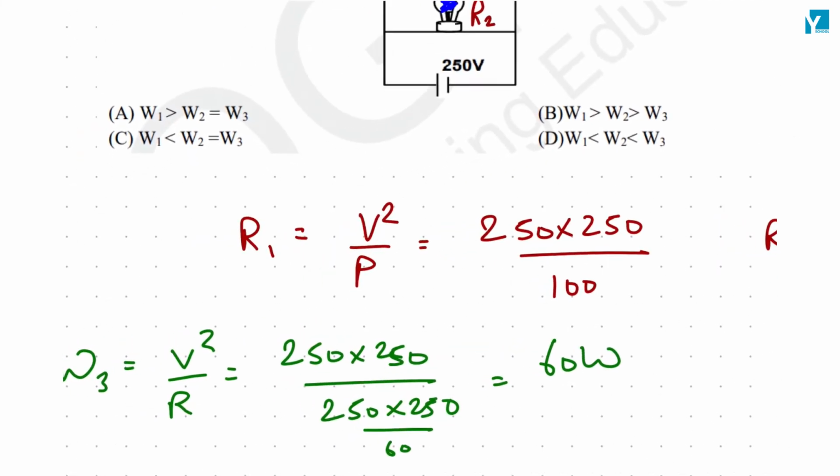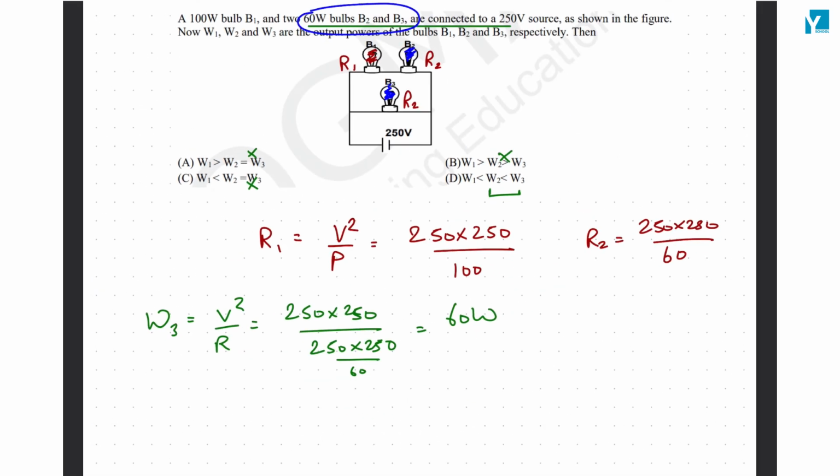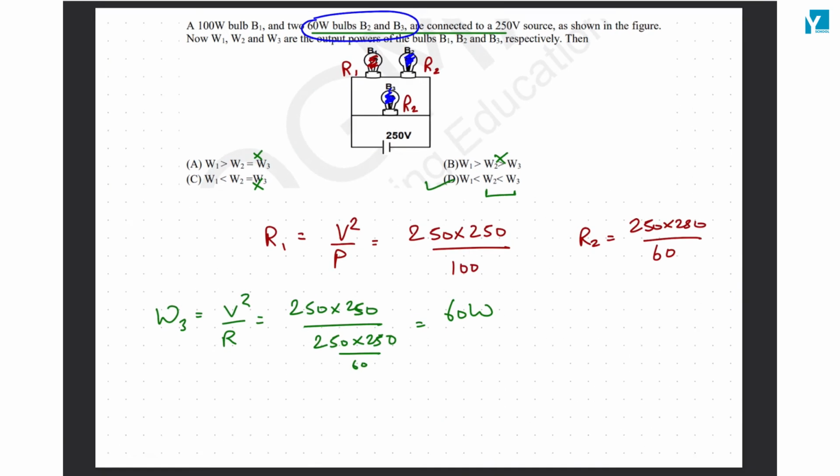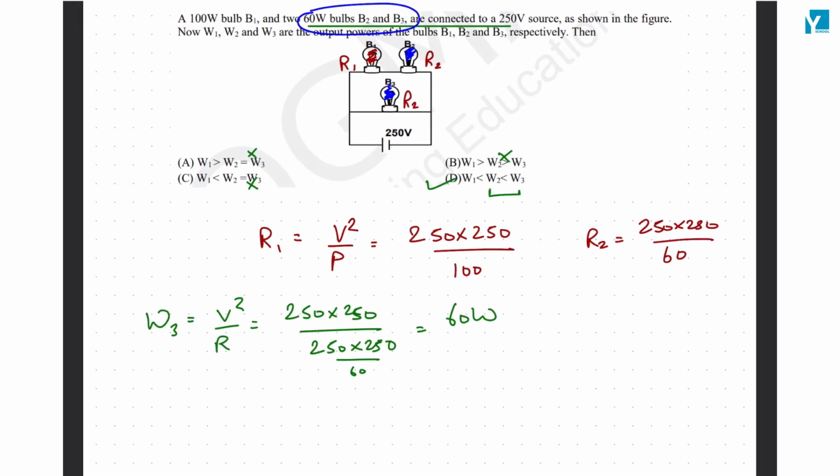So first of all, you can check for options where W2 is smaller than W3, and that gives us the only possible answer in this question, which is D only. So if you do want to end this question right here, this is also the right place to stop.